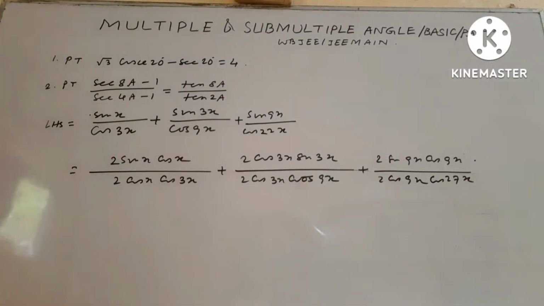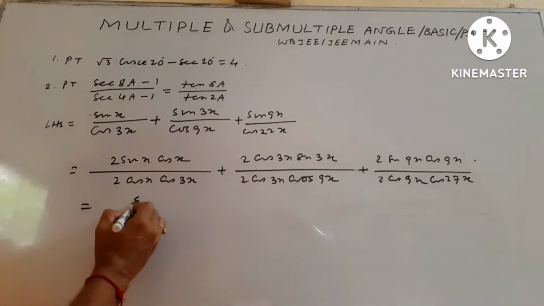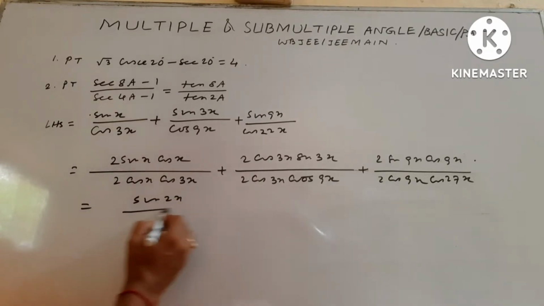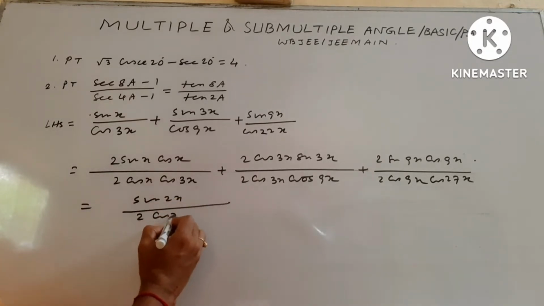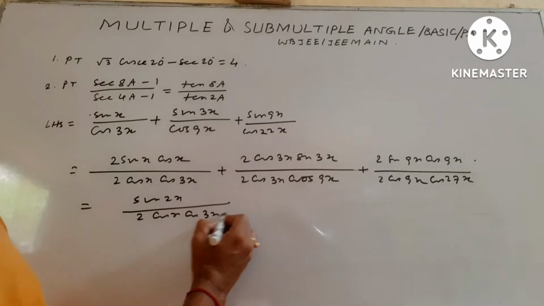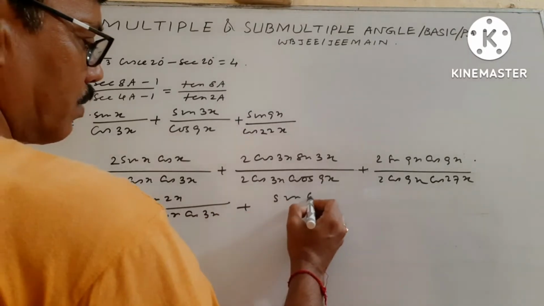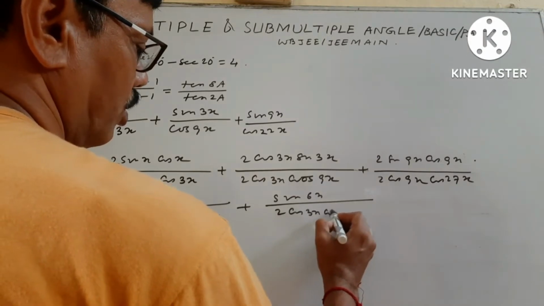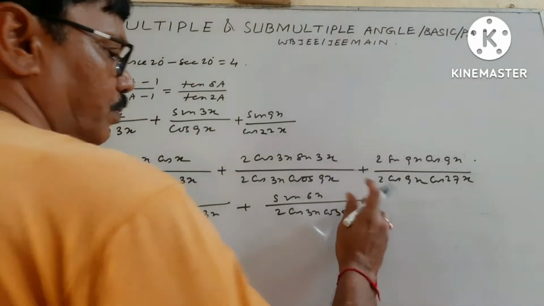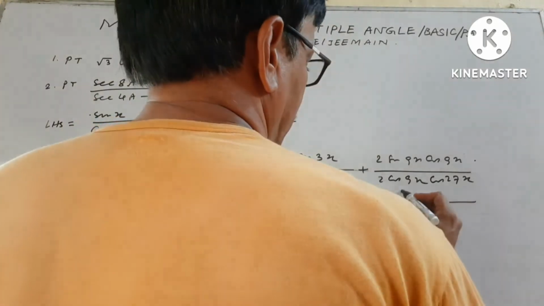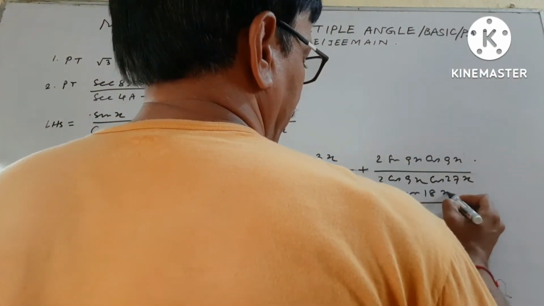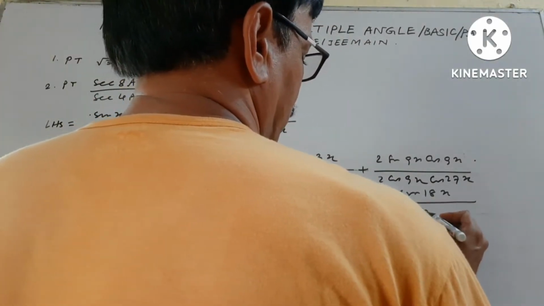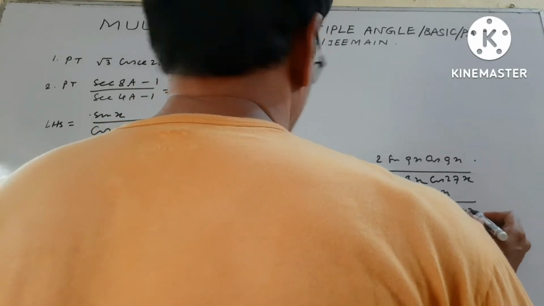So this one is now sin 2x by 2 cos x cos 3x, sin 6x by 2 cos 3x cos 9x, and sin 18x by 2 cos 9x cos 27x.